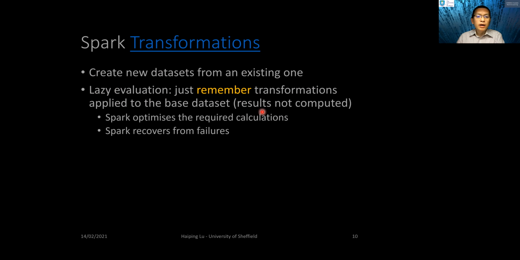Spark can optimize the required calculation, and this also enables Spark to recover from failures. If you click this link and go to the documentation, you will find the list of commonly used transformations and what they mean, for example, map, filter, flatMap, and mapPartitions.